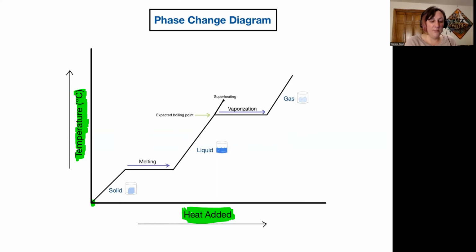We will then hit a certain point where our solid starts to melt. So you would see the ice cubes start to turn into a puddle of water, and you'll still have a chunk of ice and a puddle of water. So that phase transition is called melting, and that's right here. Notice that the temperature stays the same.